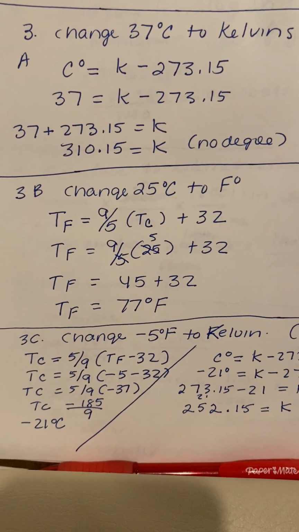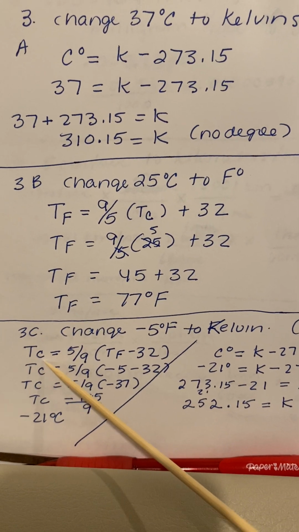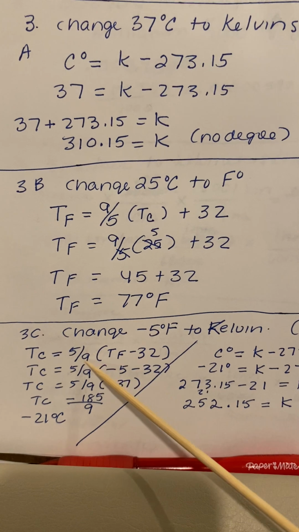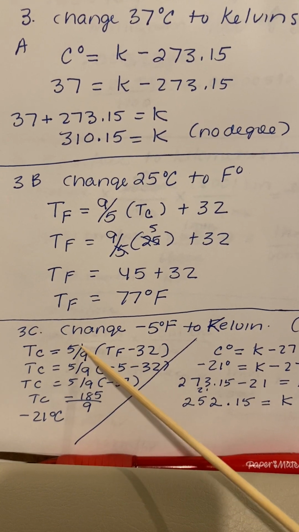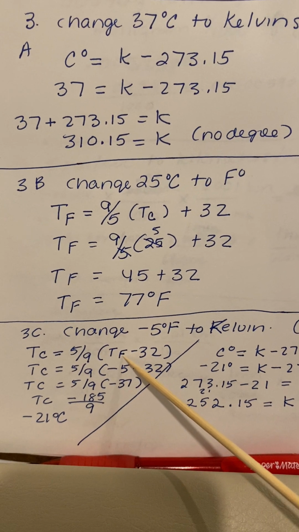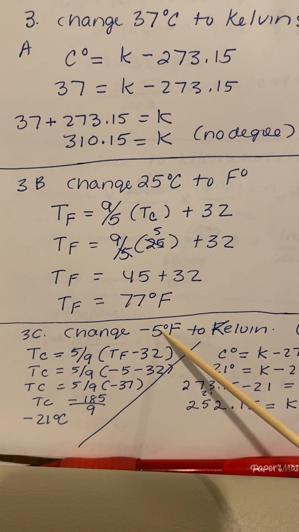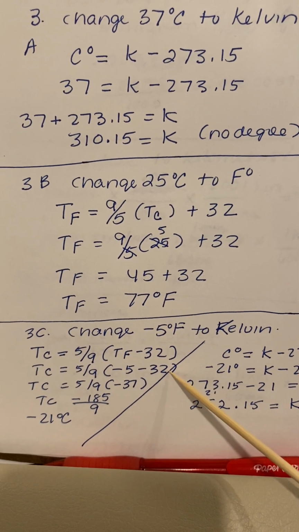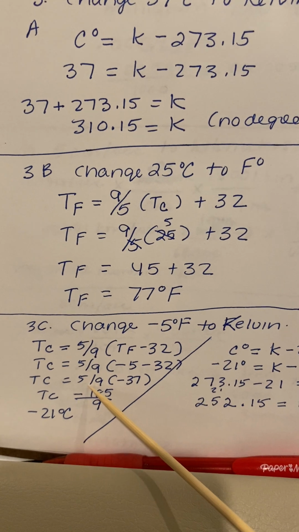So here's my equation again. Now degrees centigrade, remember it's going to be a smaller number. I'm going to do 5/9 times degrees Fahrenheit minus 32. So I take the minus 5 degrees minus 32, and I get minus 37, right? And now I'm going to times it by 5/9.